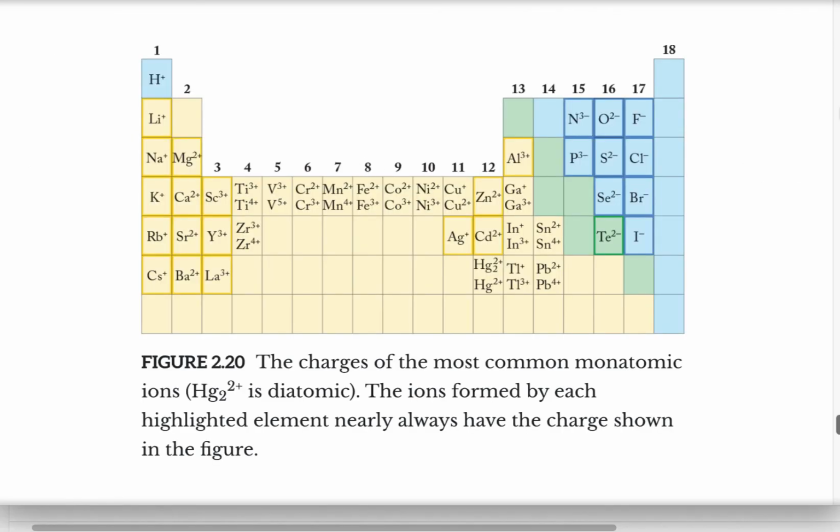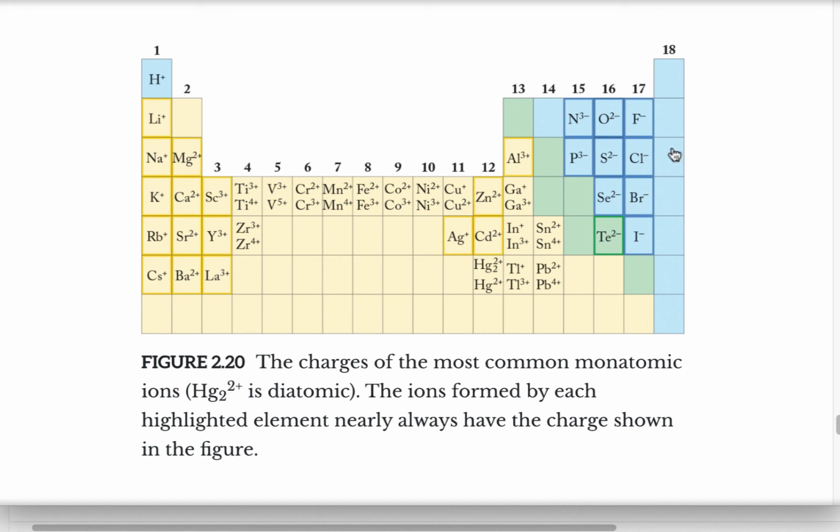Let's take a quick look at this figure from the book. Do you recognize where we are in the periodic table? Check it out. Here we are in column 1. All of these elements form +1 cations. Look at column 2. Here we have +2 cations. Column 3, +3 cations. I'm going to skip over here for a little while.